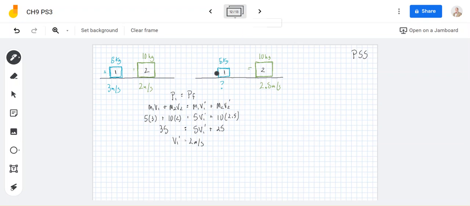The second question says, by how much does the total kinetic energy of the two blocks change because of the collision? All right, so we're going to do a kinetic energy before, and we're going to do a kinetic energy after, and we're going to see. So kinetic energy before is 1/2 m1 v1 squared plus 1/2 m2 v2 squared.